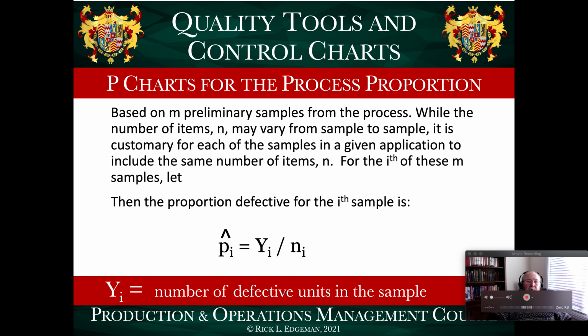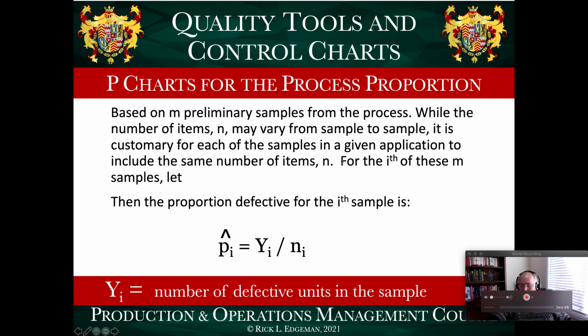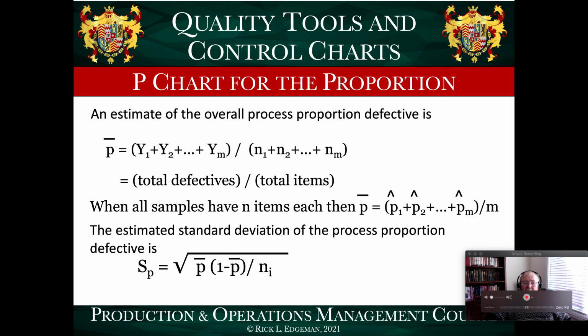So what is a better estimate? Maybe if you observe the process over a longer period of time, periodically sampling from it, so that you have a bunch of different estimates, and then maybe you can combine that estimate. Well, that's what we're going to do. So we're going to sample m preliminary samples of n each.